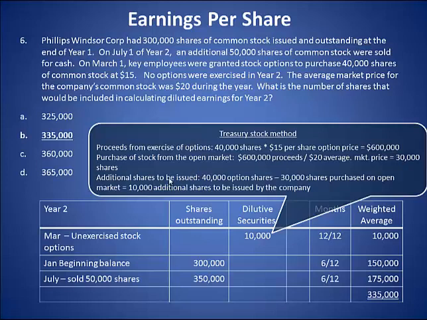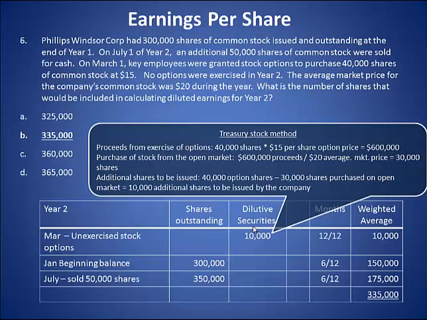So we need to calculate the additional shares that would have to be issued: the 40,000 required option shares minus the 30,000 shares purchased on the open market. That means we're going to have to come up with 10,000 additional shares to be issued by the company. So we add these 10,000 shares as dilutive securities, and we do that as if they were exercised at the first of the year.